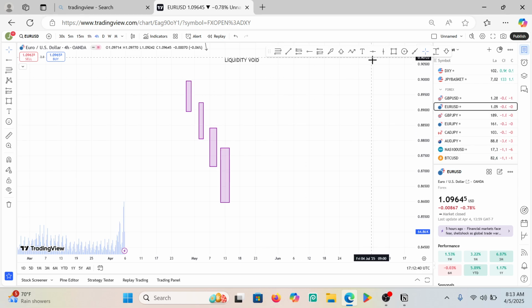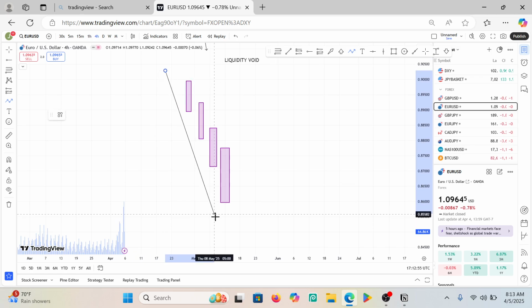So a liquidity void is when the market moves aggressively without any pullback. This market moved aggressively into the downside.